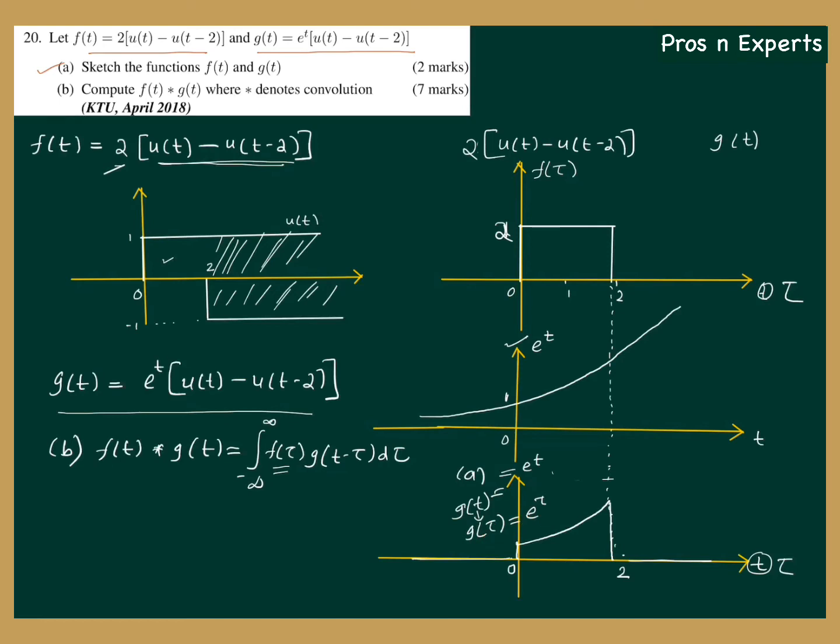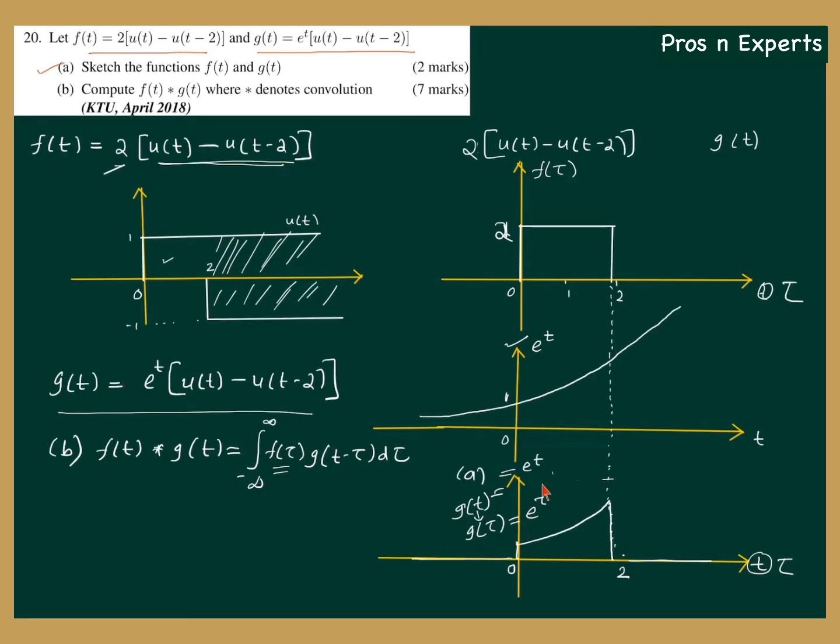Why can't we interchange g of t and f of t? The convolution operation is commutative, and we are going to reflect or fold this g of tau, shift it to the negative side, and then move it to the right side by incrementing t.